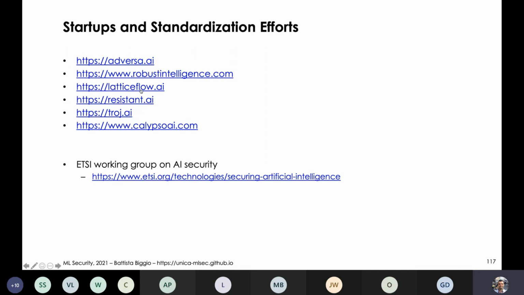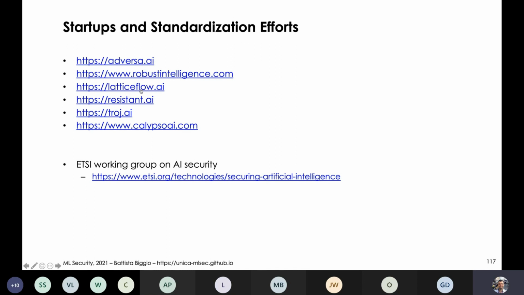LatticeFlow is a European company. There are co-founders from ETH Zurich, from the academic side, and for specific applications they are testing the robustness of machine learning models. For instance, in one application, trains have a sort of image classifier to detect if there are problems on the rail.